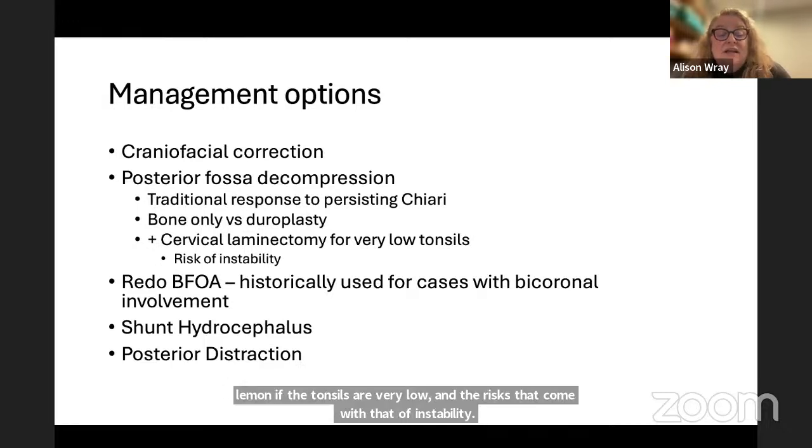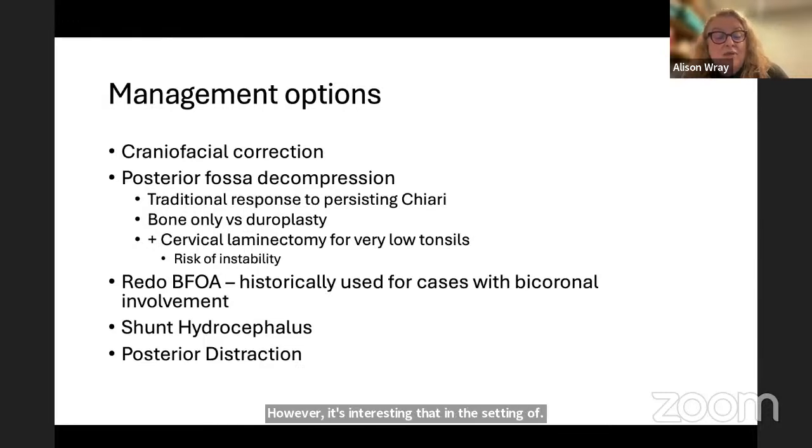However, it's interesting that in the setting of Chiari malformation with frontal pathology, such as a bicoronal synostosis, historically we've seen craniofacial surgeons addressing the pathology that they know, which is the coronal synostosis.